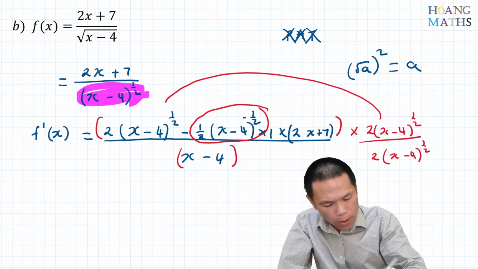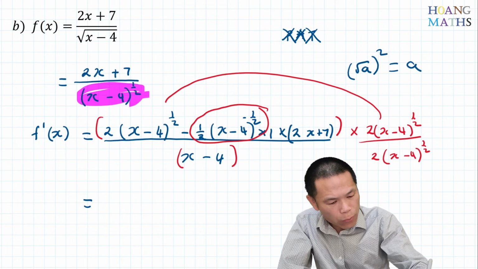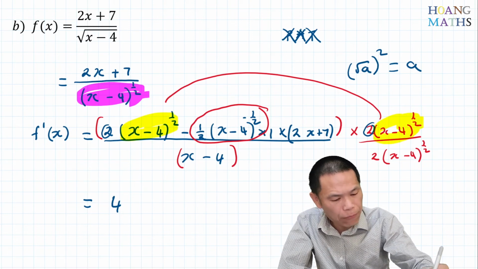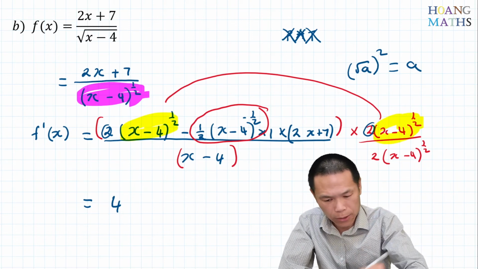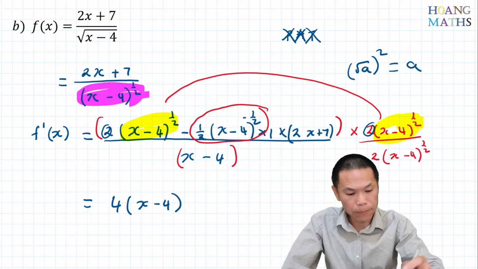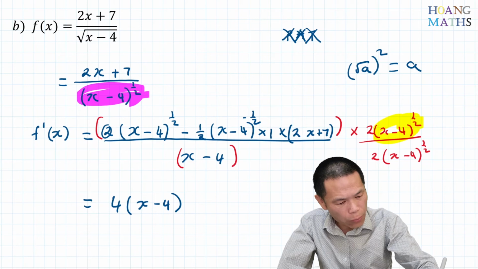So now I just go with this group times together. Therefore it is equal to, so we have 2 times 2 gives me 4. And this group here, power half times power half, gives me power 1. So I just write x minus 4 power 1. Now I go with this group here, which is times with this.